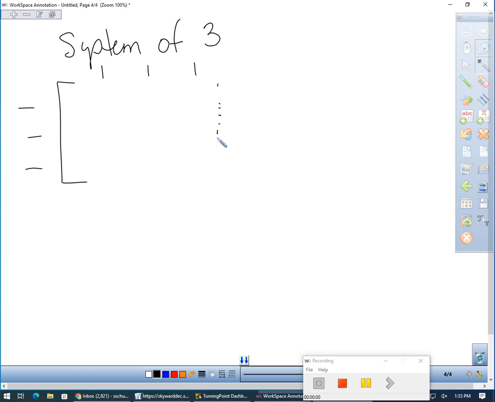And then, of course, in our book, they like to put a little dash line or whatever, and then what it's equal to over here. So this is considered a 3 by 4. All right? It's 3 rows by 4 columns. Understanding how many rows and how many columns is going to be important today.